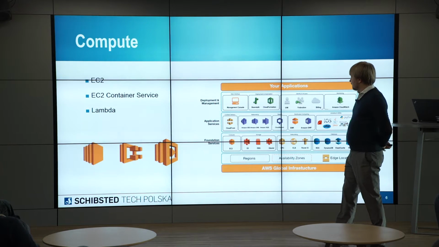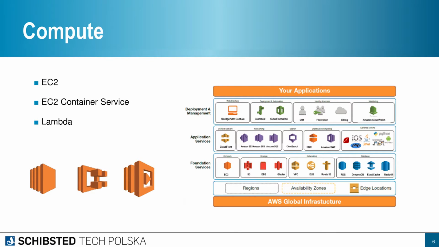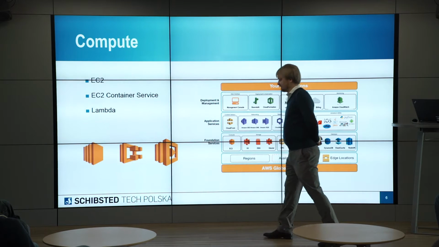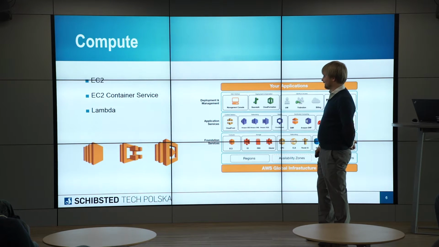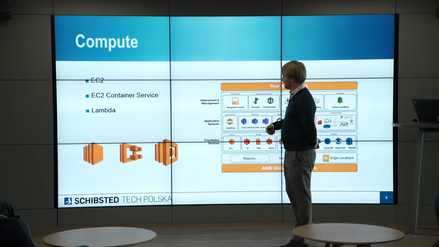So let's start with the most famous, the computing power Amazon provides. And just a digression here, each Amazon Web Service is identified by an appropriate icon. This is something interesting. Each service in the console I showed you has its own dedicated icon.